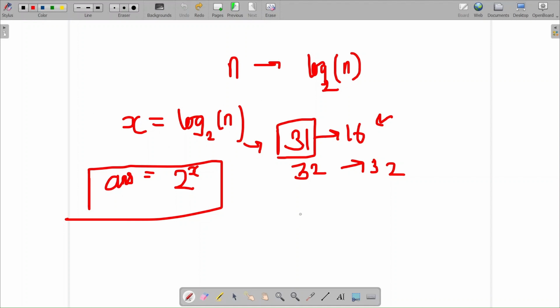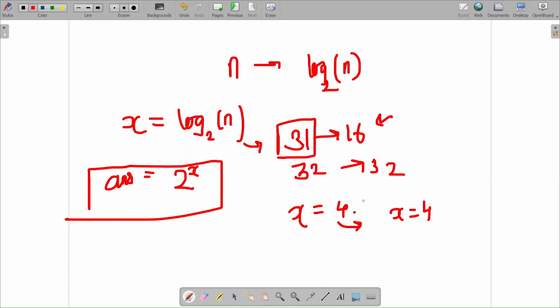Let's say n is equal to 31. So what is your x? x is 4 point something, which will eventually become x equal to 4. That's why we are using this logarithmic function, and as x is an integer, it will automatically behave like a step function.